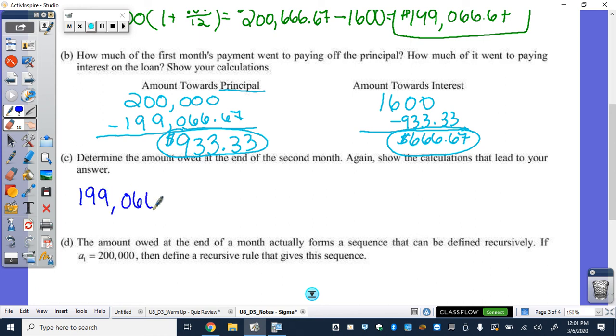So I'm going to take how much was there at the end of the first month, multiply it by the interest for 1 month, so the 1 plus the 0.04 divided by 12, and then subtract my monthly payment to figure out how much is left now after a second payment.